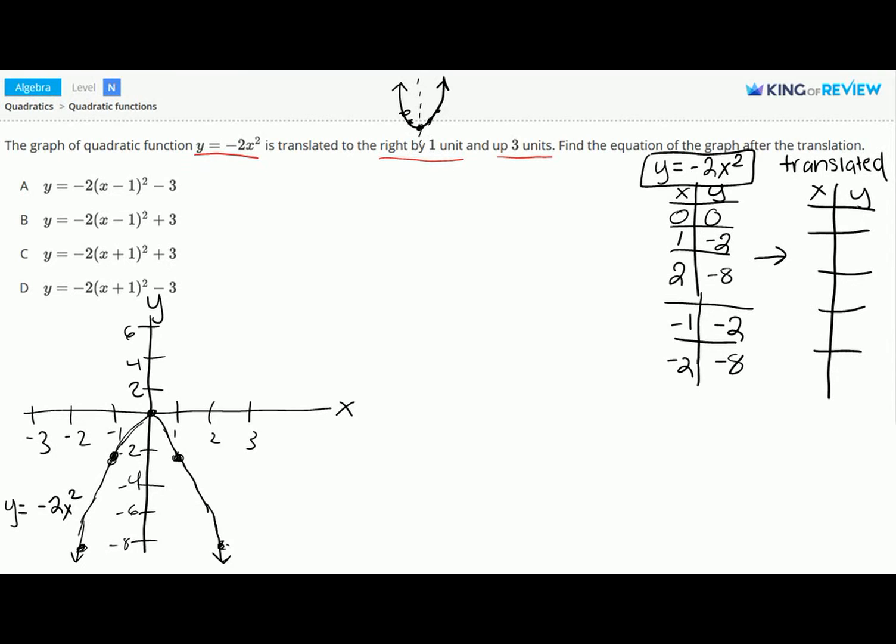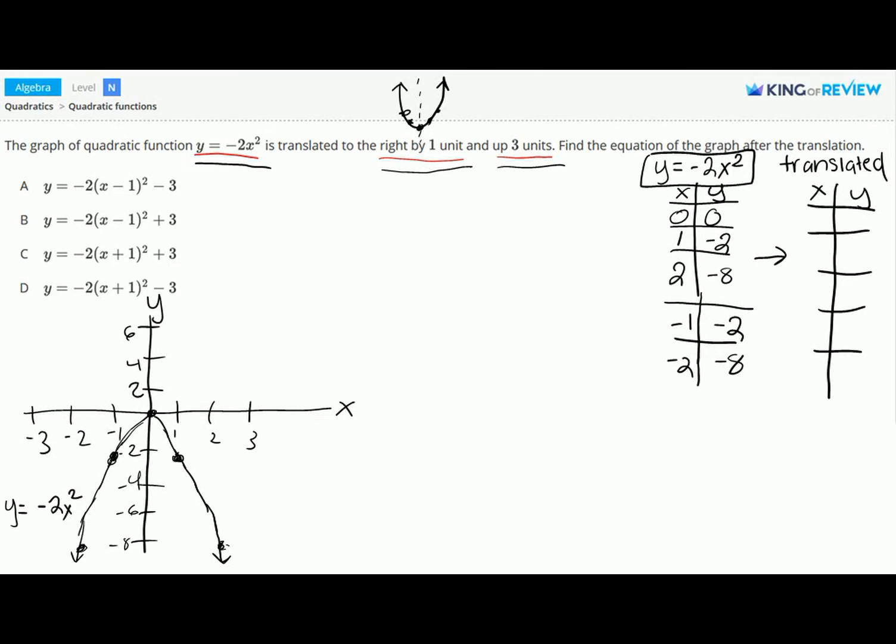So we know that our translated function started with the parent function of y equals negative 2x squared, and it was moved to the right by 1 unit and up by 3 units. When something moves to the left or right, that's a change in the x-coordinate.